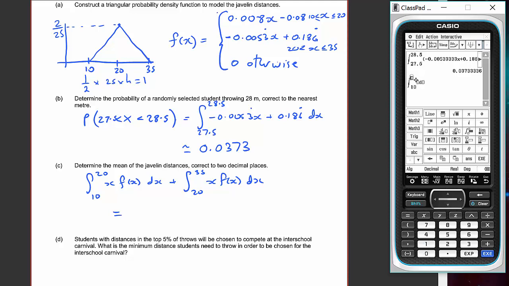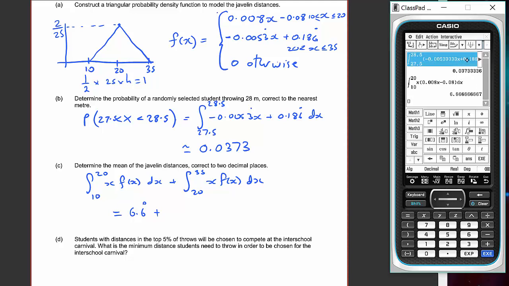So we'll go from 10 to 20, and that would be x open bracket, and that's 0.008x, take away 0.08 dx, and integrate that one, and that gives me 6.6 recurring. And then we had this integral up here.